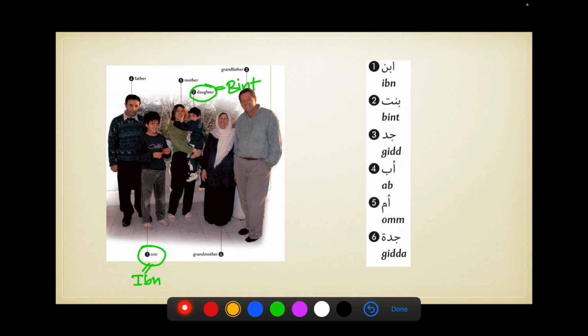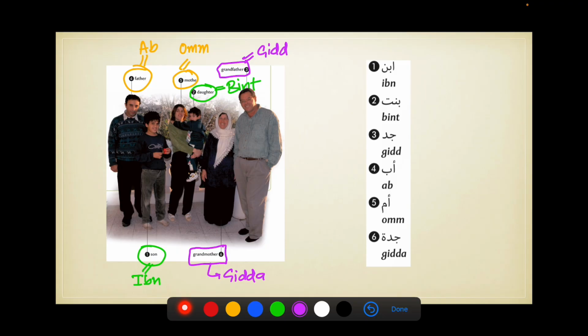Now, if we talk about father, father is called Ab, and mother is called Um. Your grandfather and grandmother are called Gid and Gidda, respectively.